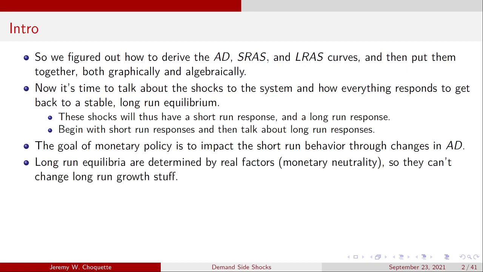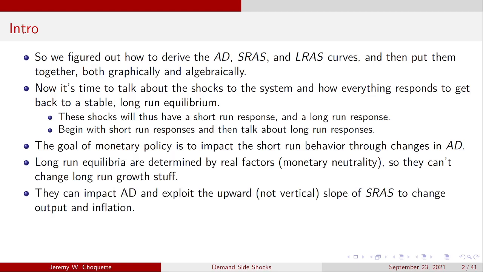Now, the long run equilibria here are going to be determined by real factors. That implies monetary neutrality. So in that case, the monetary authority can't change long run growth type stuff. All they can do is impact aggregate demand and exploit the upward, however not vertical, slope of the short run aggregate supply curve to change output and inflation. Because if they're trying to exploit the vertical long run aggregate supply curve, they're not going to change output.